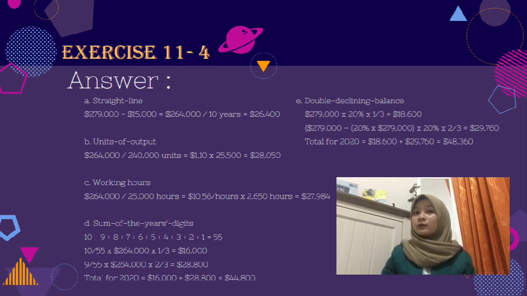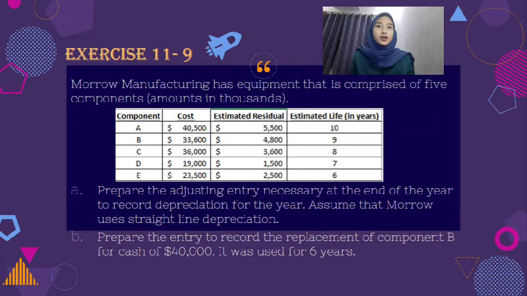Total for 2020 is $18,600 plus $29,760 is $48,360.